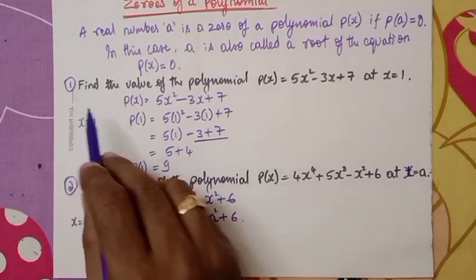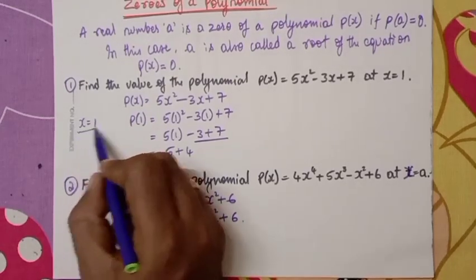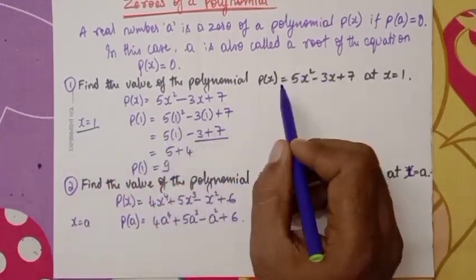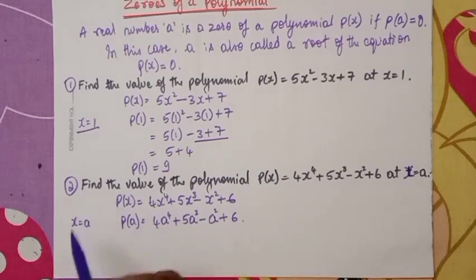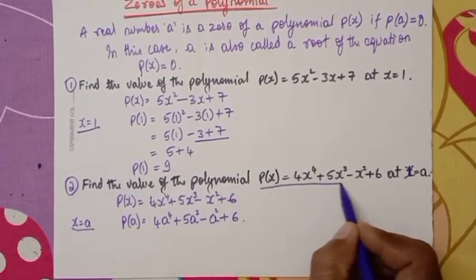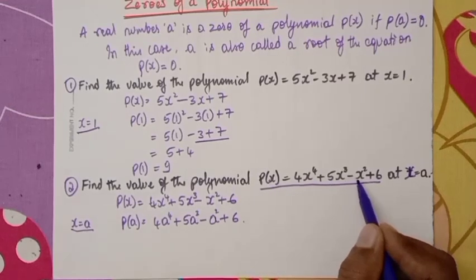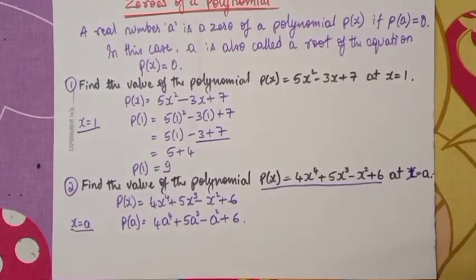Likewise, we can also say that x is equal to 1 is not the root of the given polynomial. In the second problem, x is equal to a is not the root of the polynomial p of x is equal to 4x to the power 4 plus 5x cube minus x square plus 6.